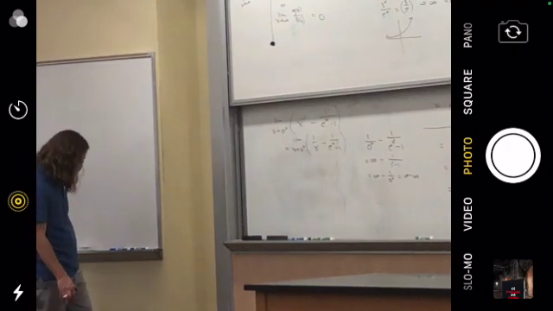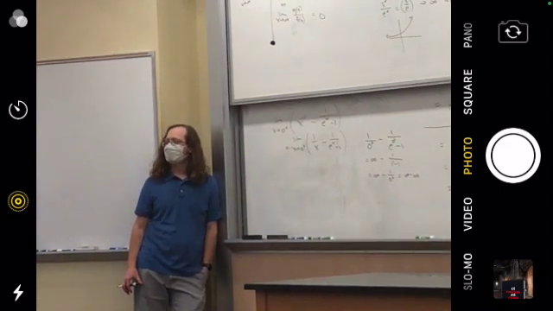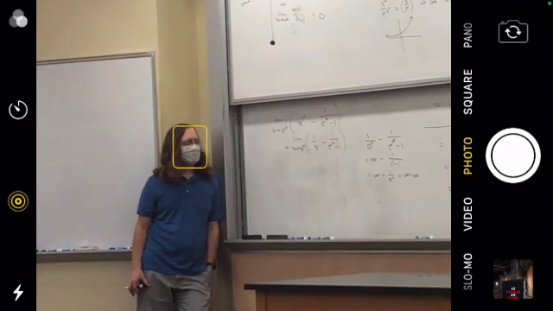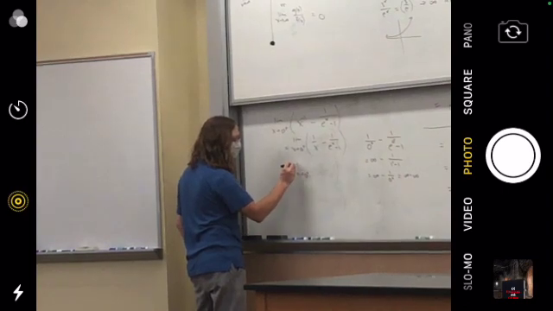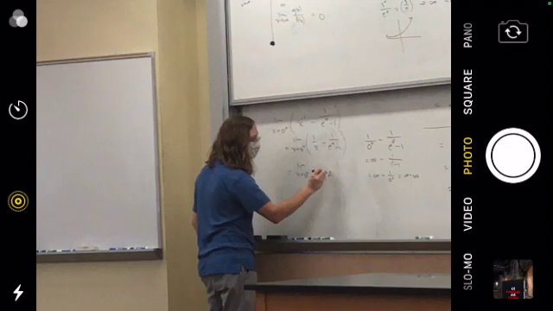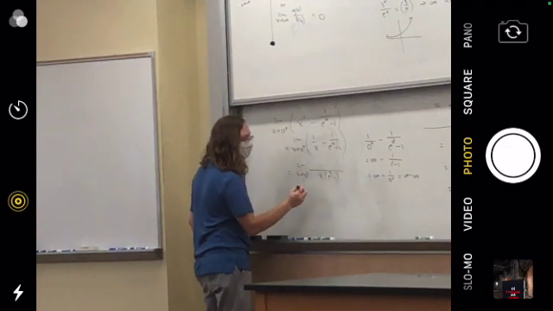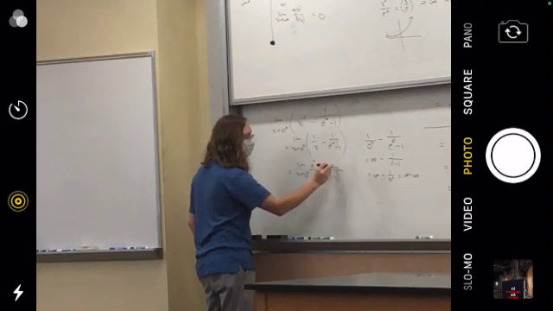So we need to make this a fraction if we're going to actually do this. How can we do that? Yeah. You can multiply the denominator of the first fraction by the second fraction, and the denominator of the second fraction by the first fraction. That way they have the same denominator, and then you can combine the fractions.